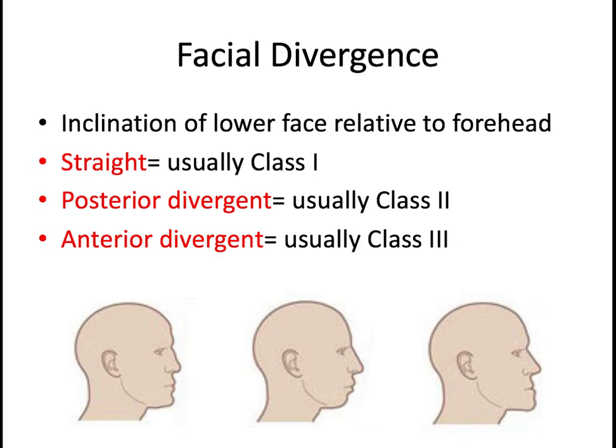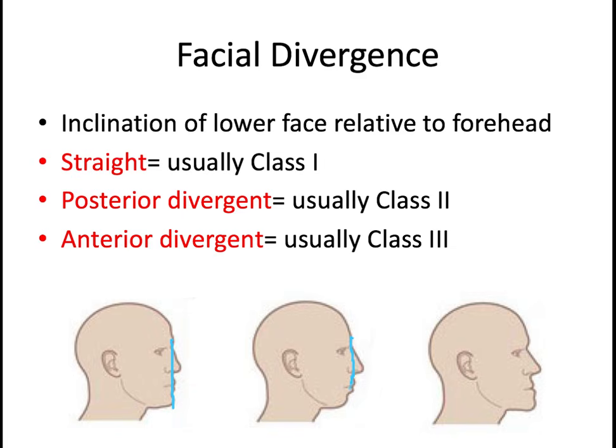So a straight or no facial divergence, or straight divergence, I guess you could say, is very similar to what we just talked about with facial convexity. You're going to drop a vertical line down from glabella, and subnasale and chin point are very close to that line. Posterior divergent means that the entire line dropped down from the forehead to the chin goes posteriorly.